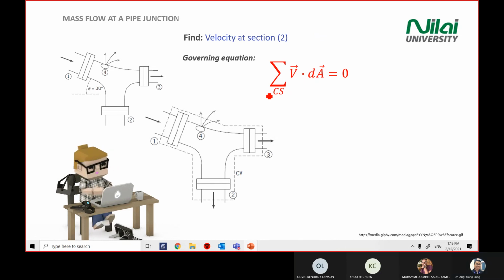So in your answer, you copy the shape of the object given, then you draw this control volume, or control surface also can.